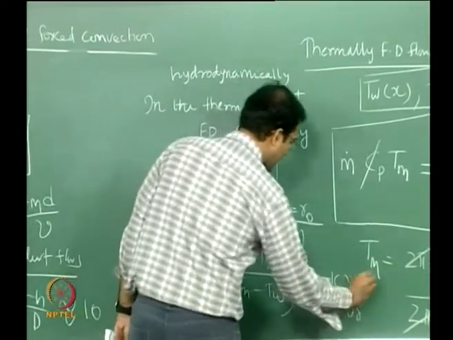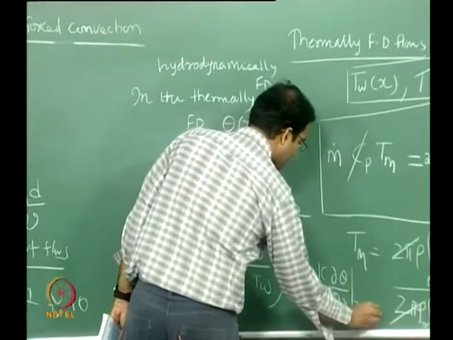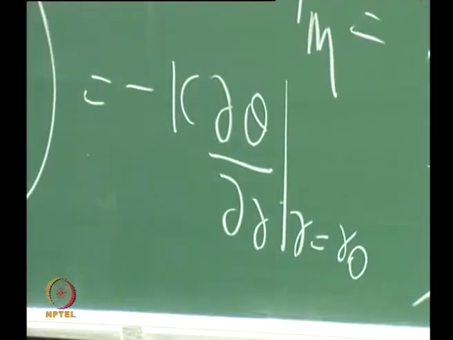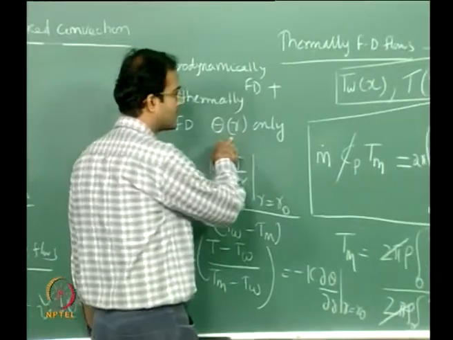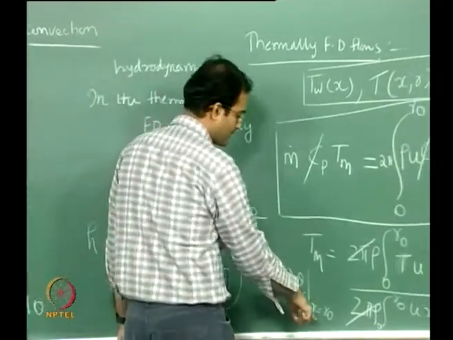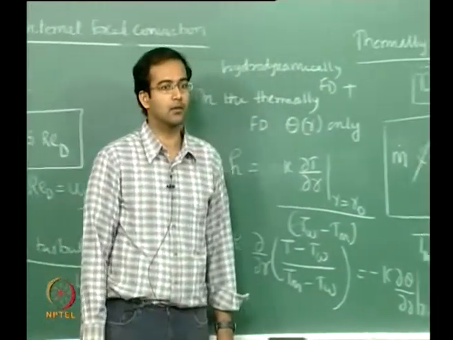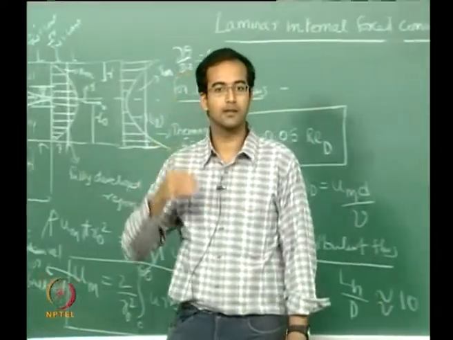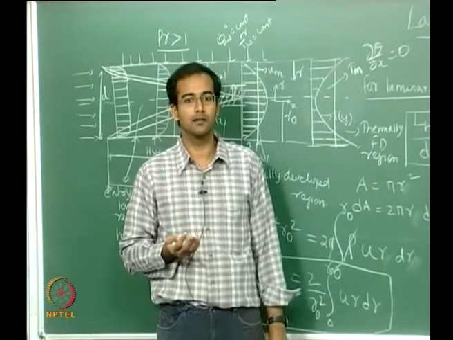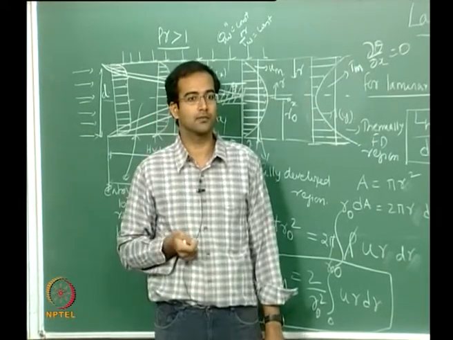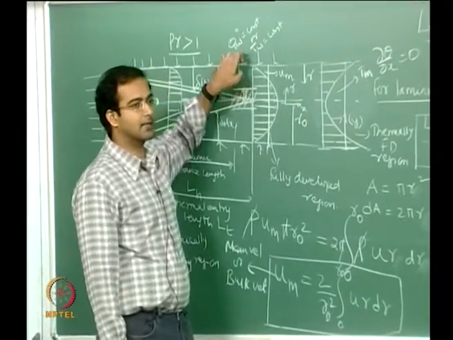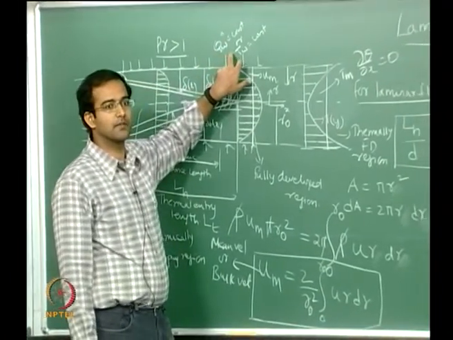Now this is at r equal to r naught. If you look carefully, my theta is a function of only r. Therefore the slope of the profile at r equal to r naught, that is the slope at the wall, also has to be a fixed value. The slope at any point will be a function of r, but at the wall that will be a fixed value.